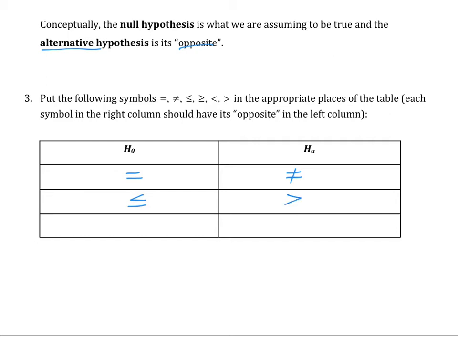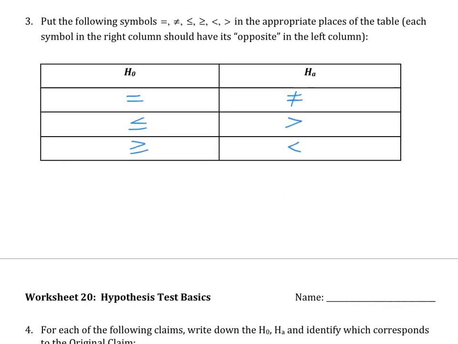And the third one: what's the opposite of bigger than or equal to? Opposite of bigger than something means smaller than something, right? So it'd be smaller than. And as I mentioned before, our claim will have one of the 6 symbols in it, and depending on what the symbol is, we can pick H0 and HA accordingly.